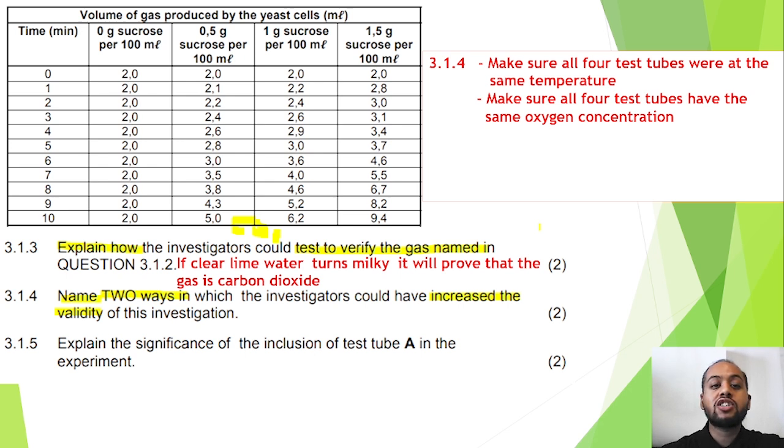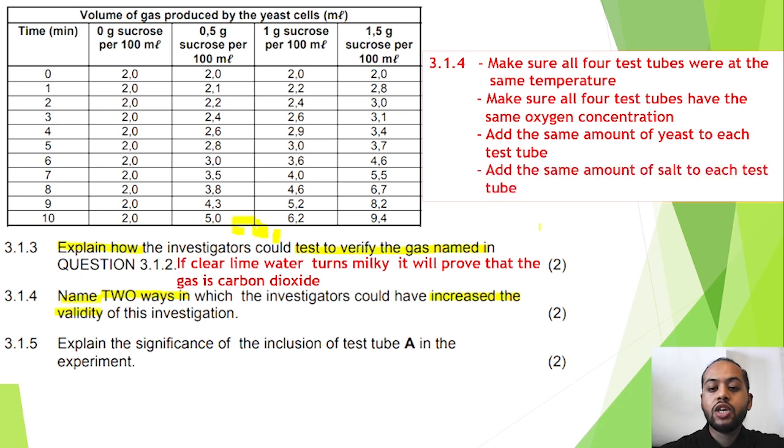Because if the oxygen concentration changes, it could have had an effect on the results. Thirdly, you add the same amount of yeast to each test tube, because the investigation is on yeast here. You add the same amount of salt to each test tube, and that was mentioned as well. So those are 2 ways in which the investigators could have increased validity. Any 2 of these would have given you 2 marks.